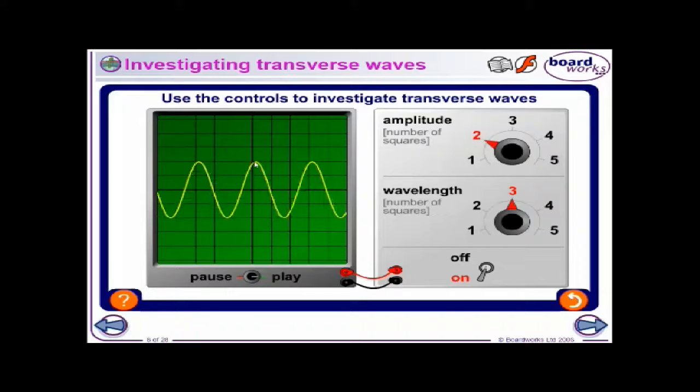So at the moment, it's about 1 wave every second.